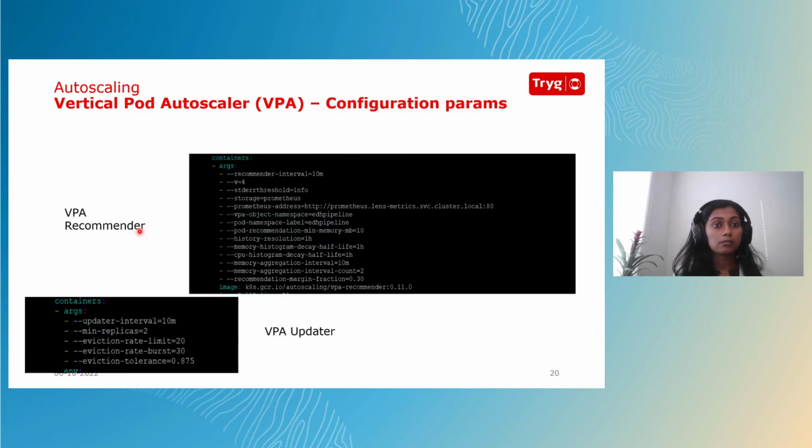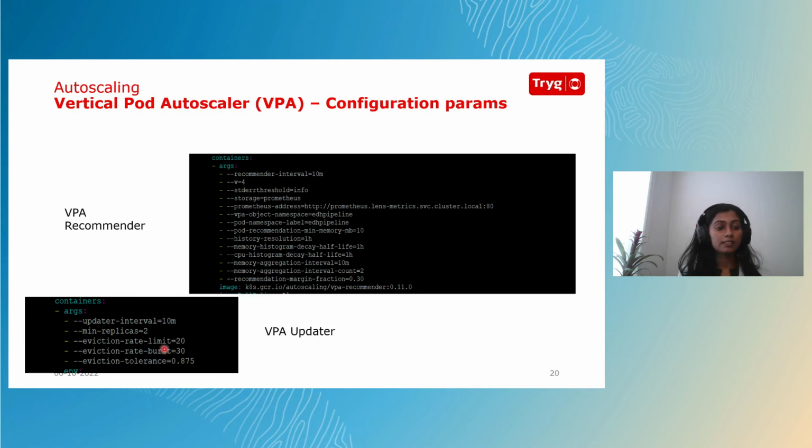Of course, this is also not available out of the box. You will have to configure it. And there are a few configuration parameters you can play around with for this as well. I've tried to highlight a few of the parameters here because we wanted to let you know that this is something you can do. We wanted to not be very aggressive with eviction of the pods.